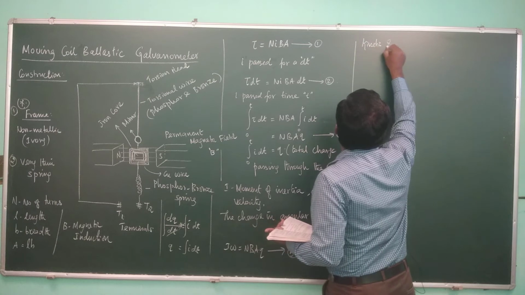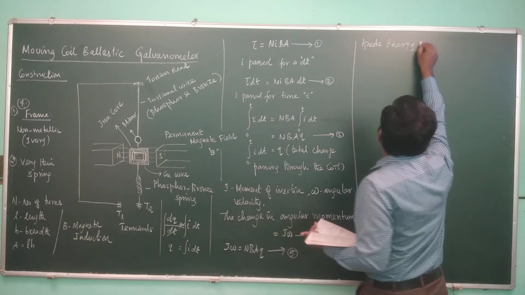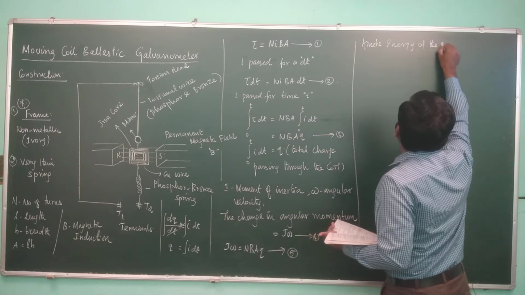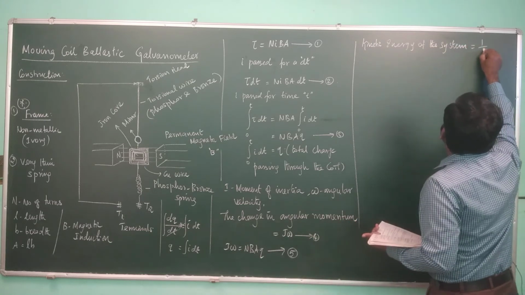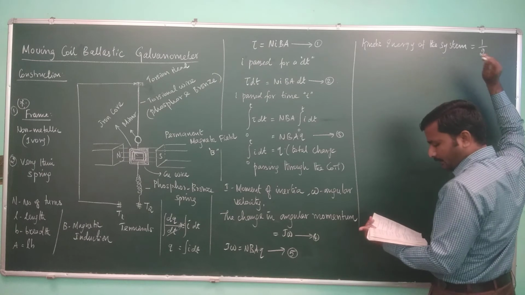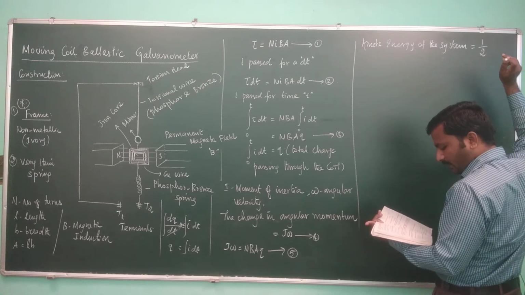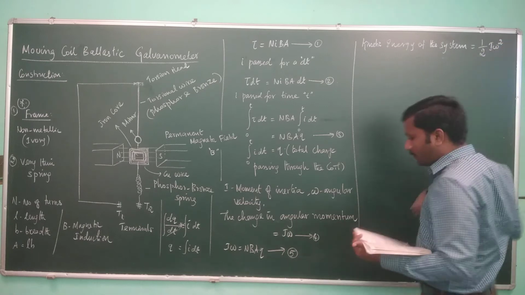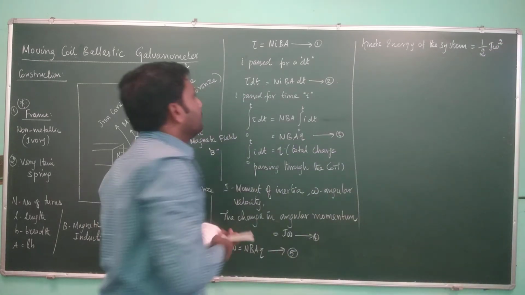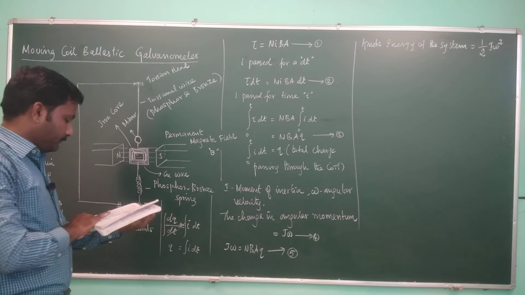So the kinetic energy of the system we can write as 1 by 2 I omega square, that is moment of inertia multiplied by the angular velocity squared, right?